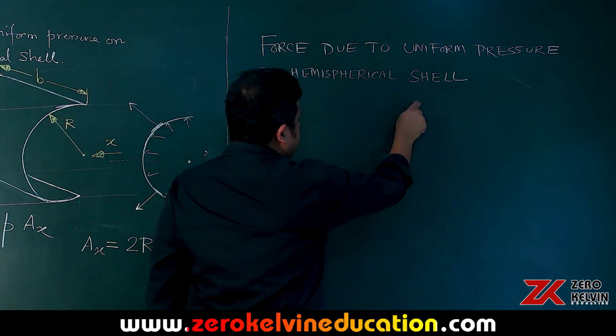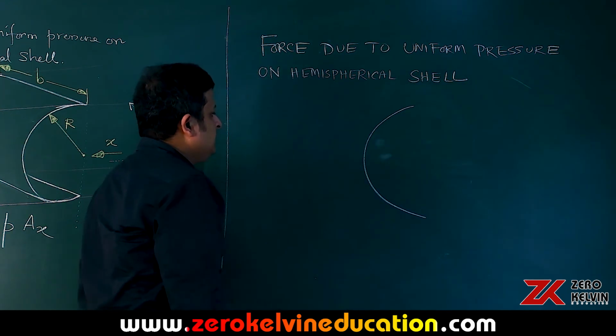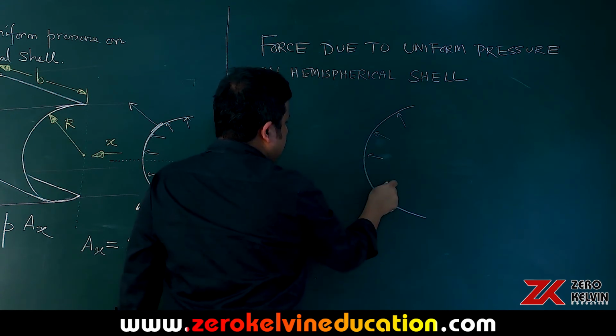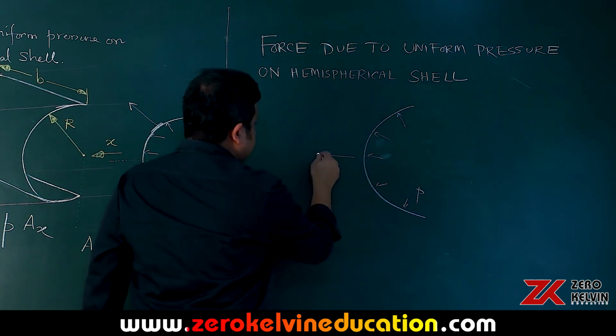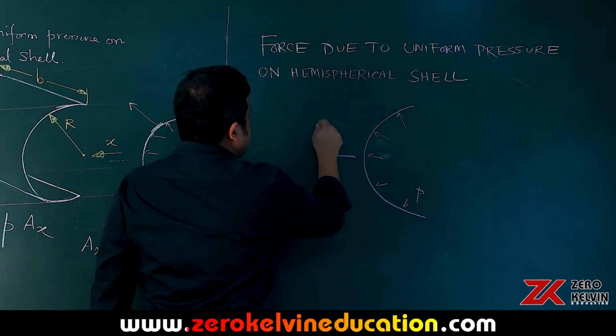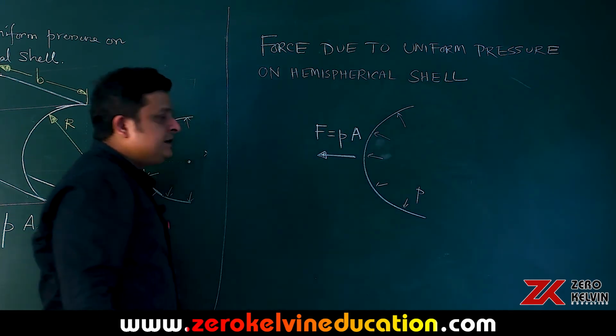That's quite simple. From a certain view, this is a hemispherical shell, and as you know, pressure will act normal to the surface as in all cases. So from symmetry, the net force will be along this direction, and the force will be equal to P multiplied by A. Which area is it?